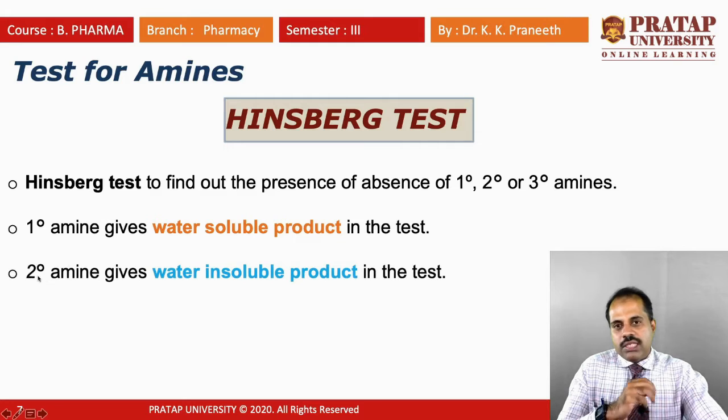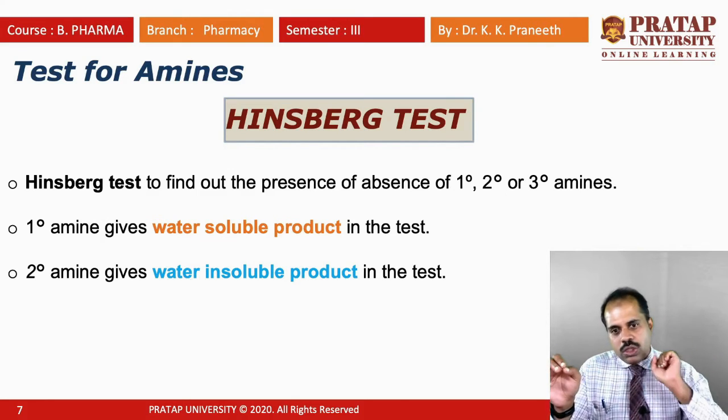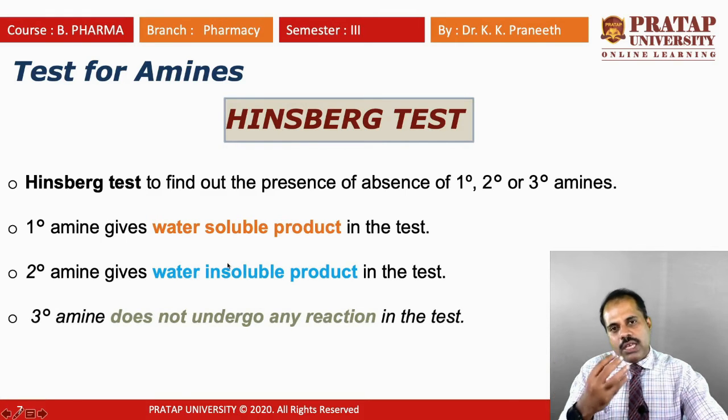Interestingly, if you have a secondary amine, it will give a water insoluble product. So primary amine will give a water soluble product, secondary amine will give a water insoluble product in the test. So this way you can say which one is present. Of course, we can isolate and check what the product is. This product is important because if there is no product, there is no reaction.